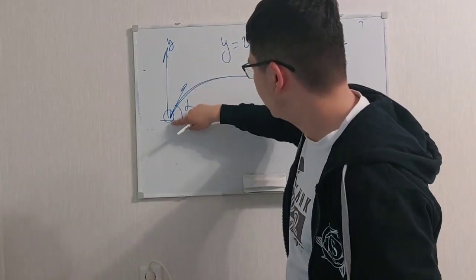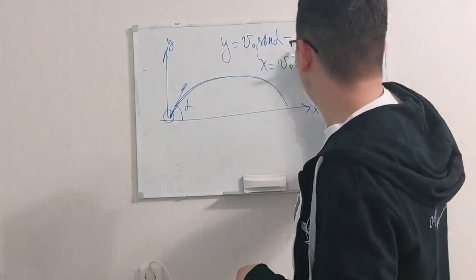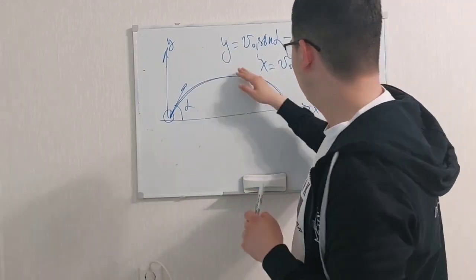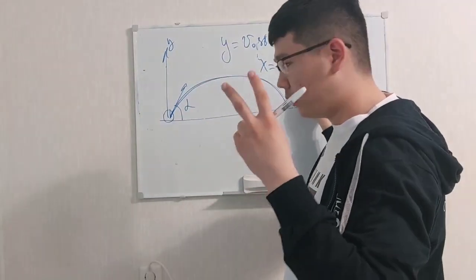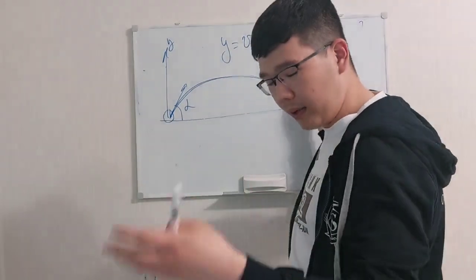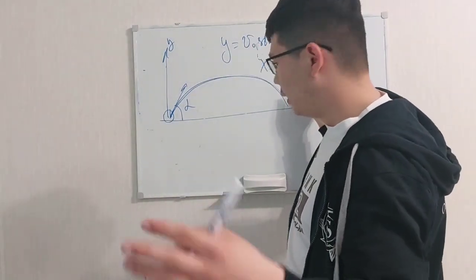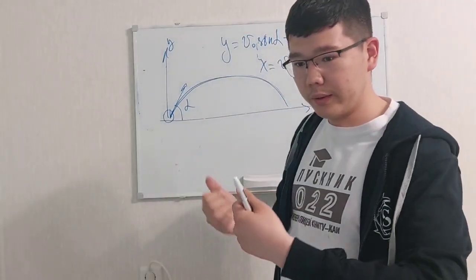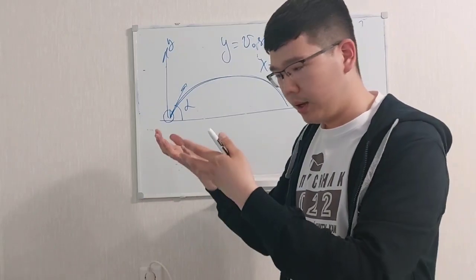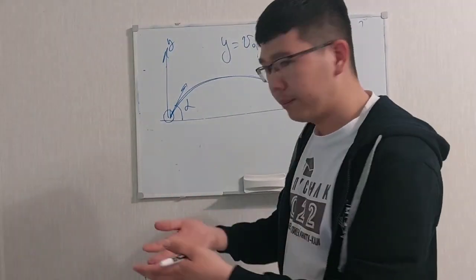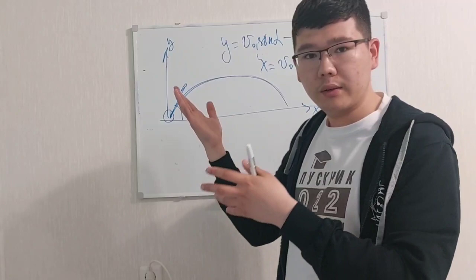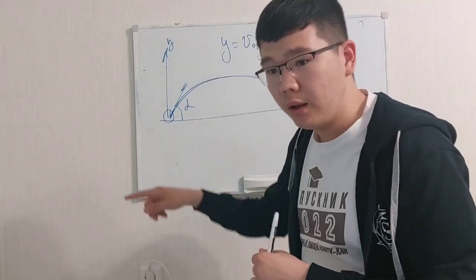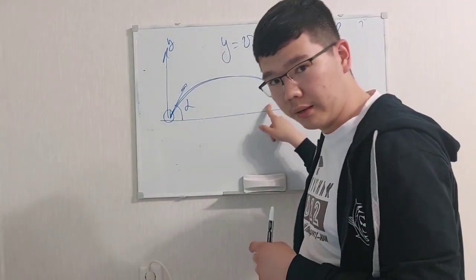The motion along the y-axis with this law, and the motion along the x-axis with this law. Both of these motions happen independently, but the result of the fact that this body participates in both of these motions is what we see, this very trajectory we have.